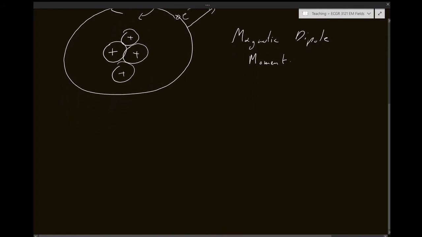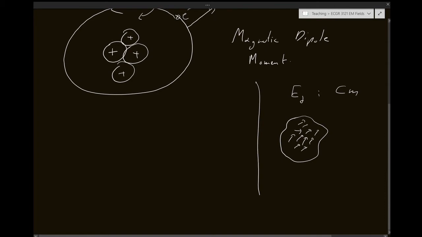Just a reminder, in the case of electrostatics, we started with an electrical dipole moment, which had units of Coulomb meter, and then we considered a volume in space to have an infinite amount of those dipoles distributed everywhere. Each dipole approaches zero, but when you sum them all up, there was a polarization vector.